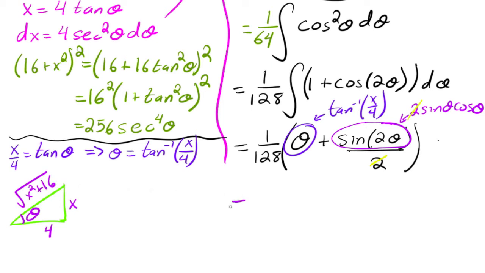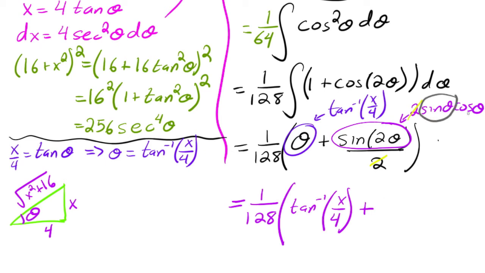And then this is equal to 1 over 128 inverse tangent of x over 4, plus, now this is going to be just sine of theta times cosine theta.